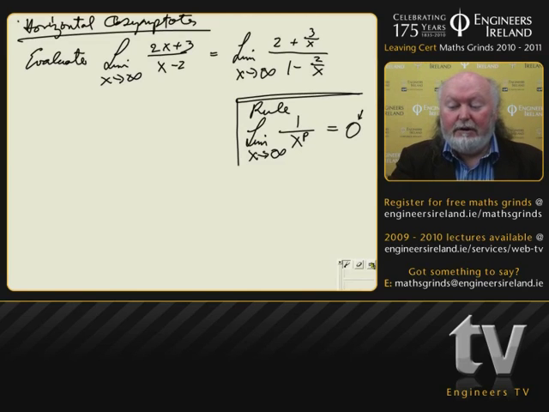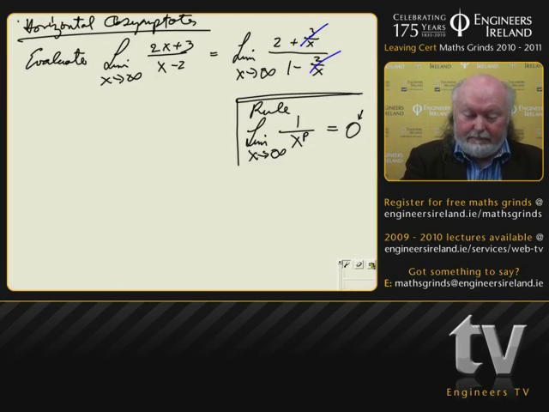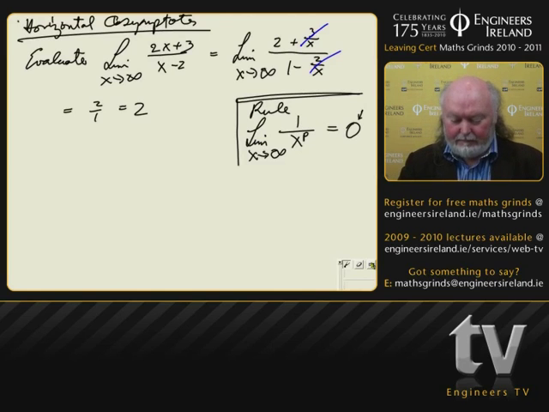So now we can actually get rid of those. So we can now say that we have a horizontal asymptote, and the value of it is y equals 2. Because after all, this is a value of our function, so we're saying y equals that.